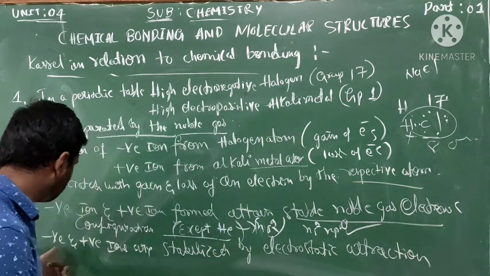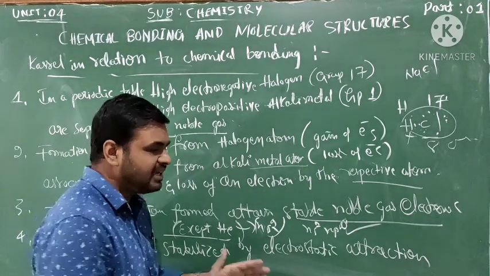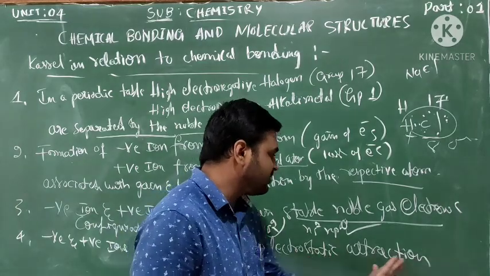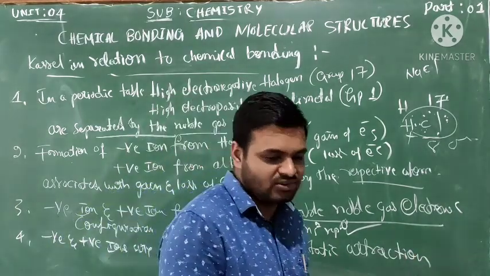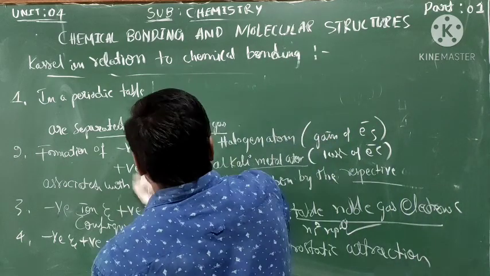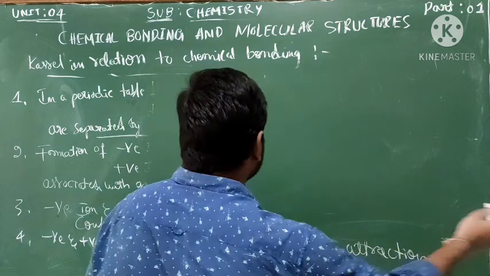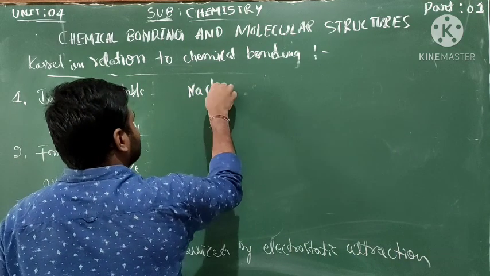Clear? So the next point is that positive and negative ions are stabilized by electrostatic attraction. How are they forming? Consider the example we discussed earlier, sodium chloride.